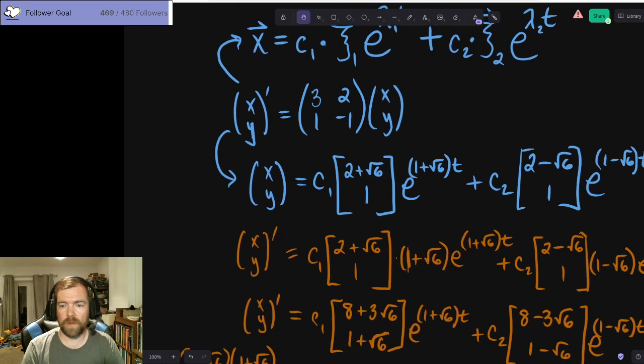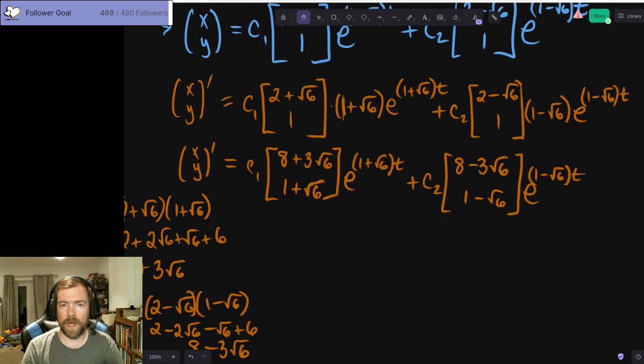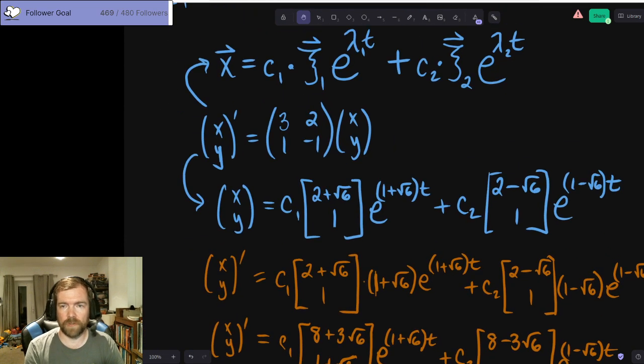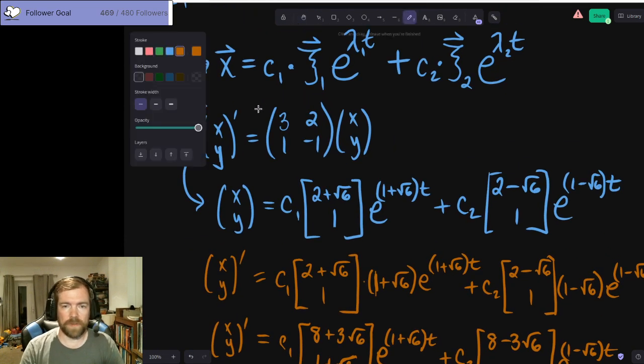but now we can go back and say, based on the original, xy all primed is going to be equal to the original xy times our transformation matrix (3, 2, 1, negative 1).